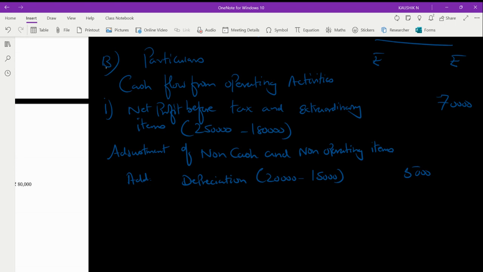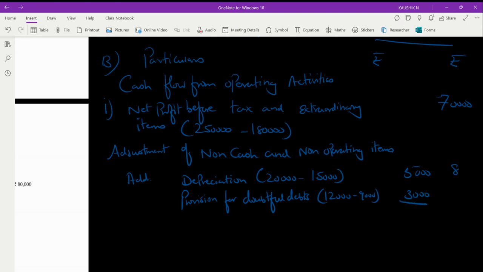And then provision for doubtful debts. This value is also the amount of 12,000 minus 9,000, that gives me 3,000.